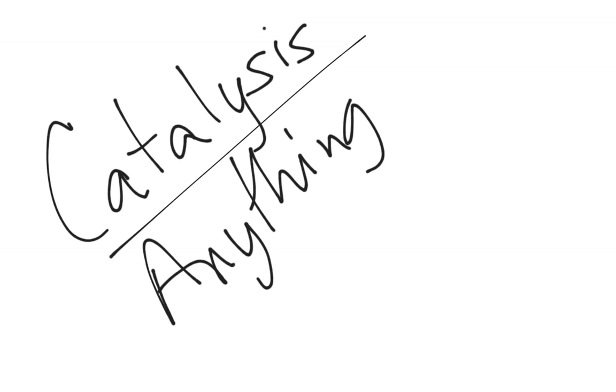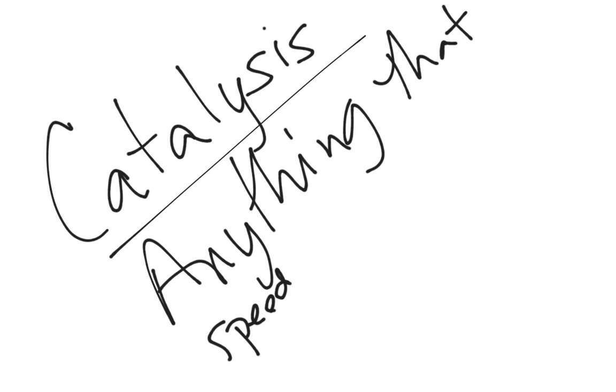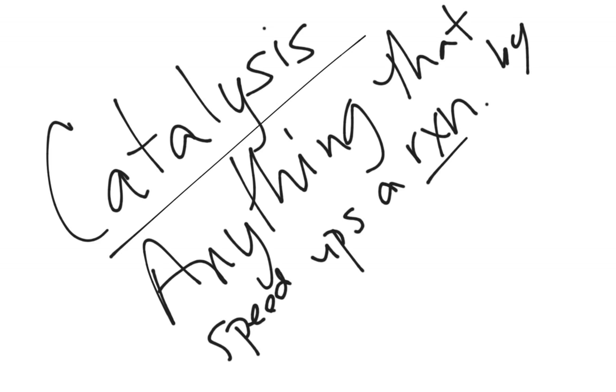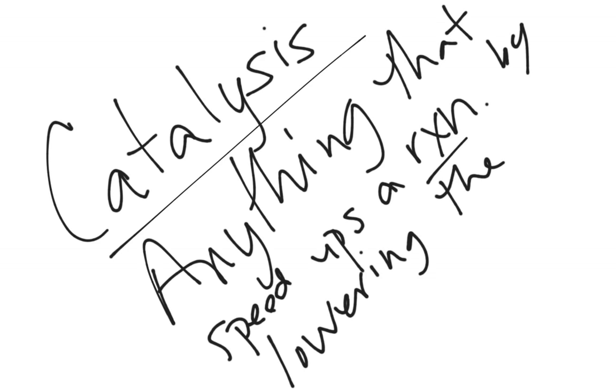But what we're looking at with a catalyst is anything that speeds up a reaction (Rxn is reaction) by lowering the activation energy (remember, Ea is activation energy) while not being consumed.